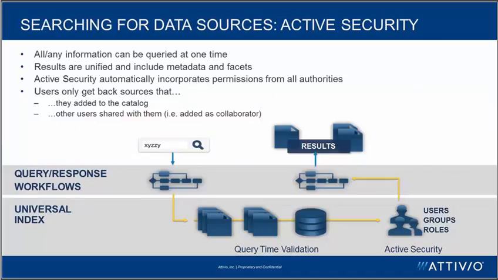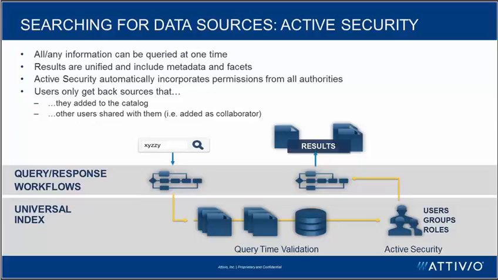Once a user has been added as a collaborator, there's a model built into Attivio called active security that gets applied when users go to search for sources. A user enters a search term, and that search is executed against all available data within the catalog, including metadata and facets and the sample data itself.